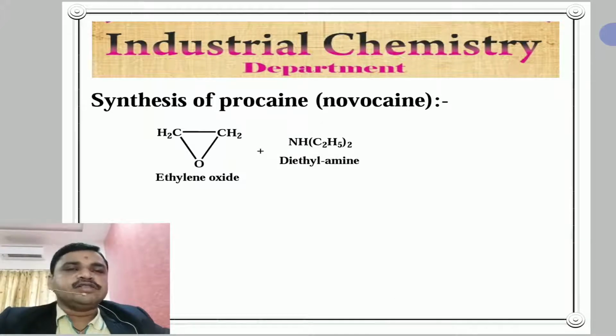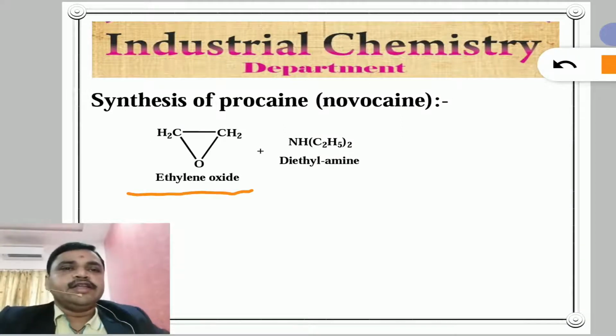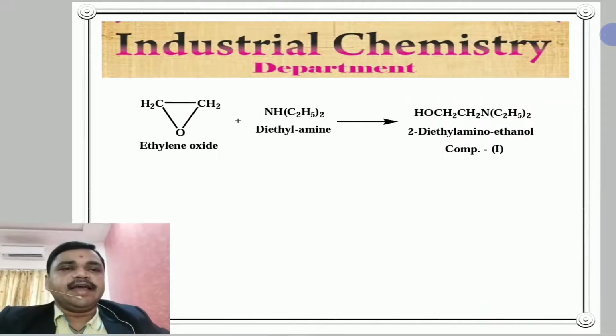Here the structures are stated: this is ethylene oxide, a tricyclic compound, and this is diethylamine.